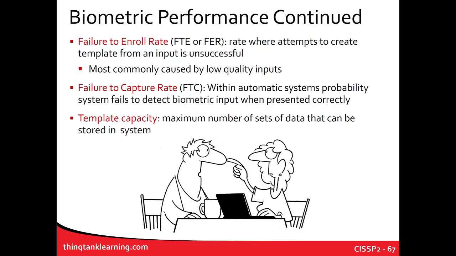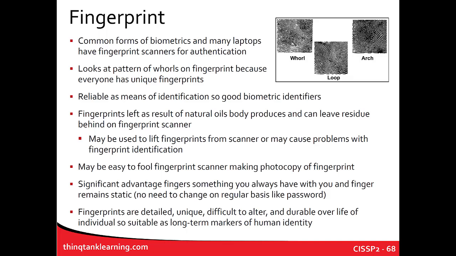And then the template capacity: we need a solution that's going to support all of the employees, contractors, and visitors, and we also need room for growth. Okay? So we use these variables to evaluate vendors, to tune our systems, and to design fallback workflows if for some reason the primary workflow is not available.